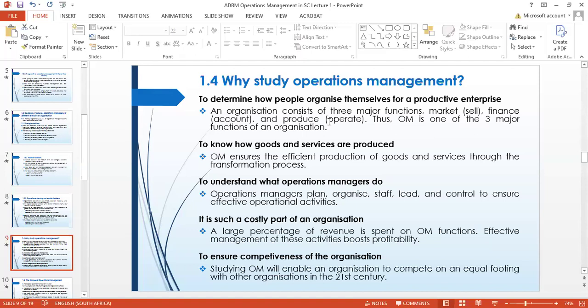The operations management department will make the organization competitive. If an organization reduces costs, it means it's going to provide products that are much cheaper than its competitors, and it gains competitiveness. You might have more reasons, but for now, these are the major five reasons why we study operations management.